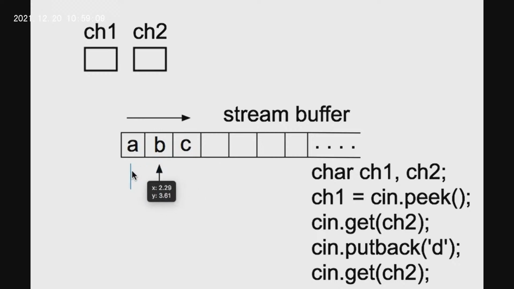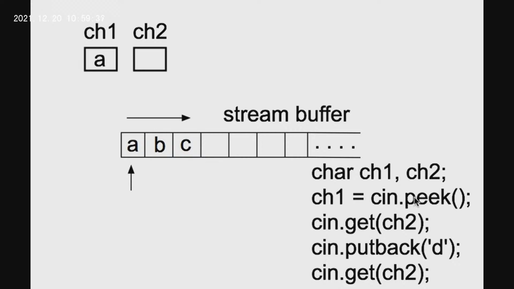With peek, we still read the character from the buffer into ch1, so we grab the A, but this time it's not removed from the stream buffer. We made a copy of the A to store in ch1, but we didn't move over to read the B next.